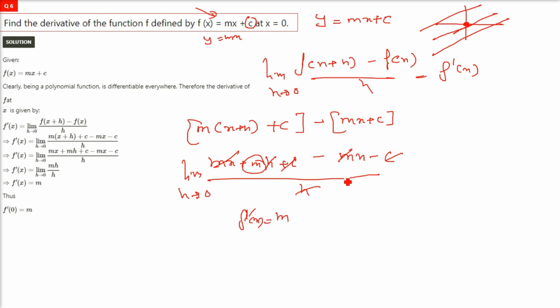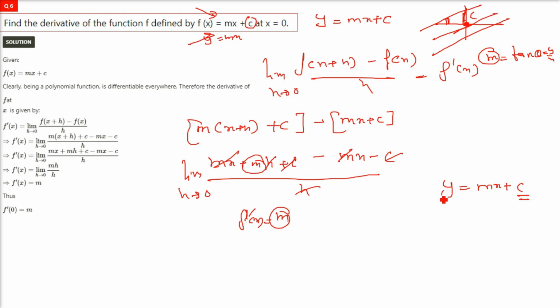Let us analyze it. See, what is f dash x? What is derivative? It is nothing but the slope of the tangent. The question is itself giving us the equation of the tangent. And you have to find out the derivative of that tangent, and that has to come as the slope. Tan theta, dy by dx. Right?